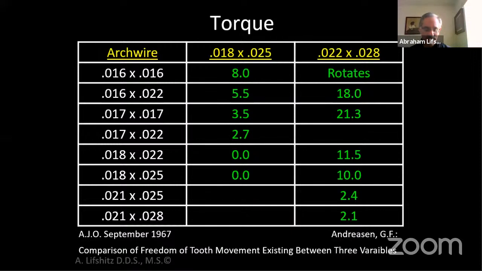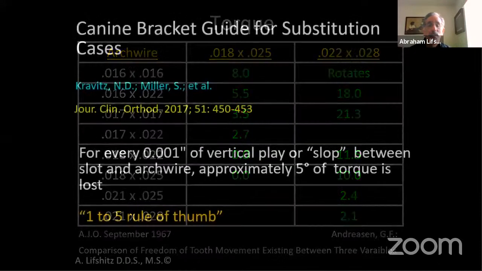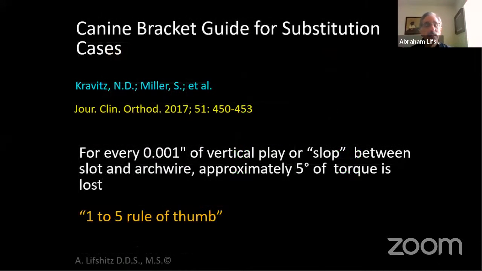Let me remind you that this is a mathematical study, but that brackets are oversized and wires are undersized. In 2017, Kravitz stated that for 0.001 of vertical play or slop between the slot and the archwire, approximately 5 degrees of torque is lost, meaning that there's a 1 to 5 rule of thumb.